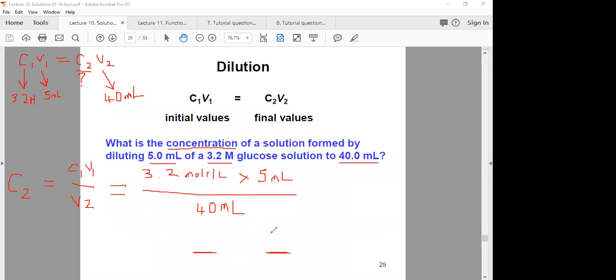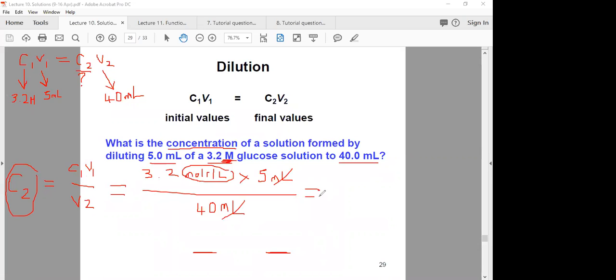Okay. All right, so can we cancel units? Yes, we can. We're left with moles per litre. Is that correct? Yes, because we're trying to solve for concentration, and we already have concentration using molarity.